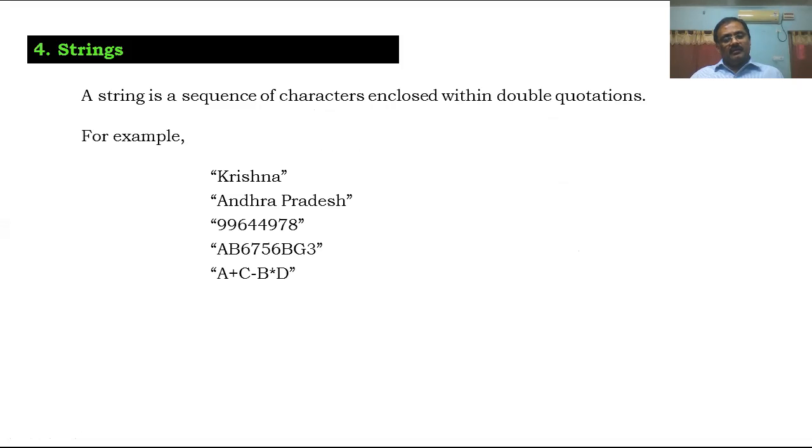Strings are another token. A string is a sequence of characters enclosed within double quotations. A string may refer to the name of a person, the name of a city, or a thing, or a number. For example, Krishna, Andhra Pradesh, some number.